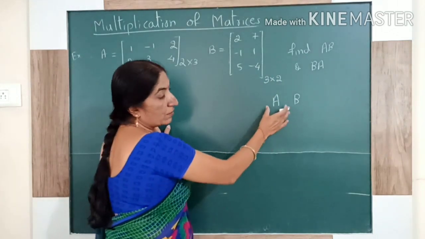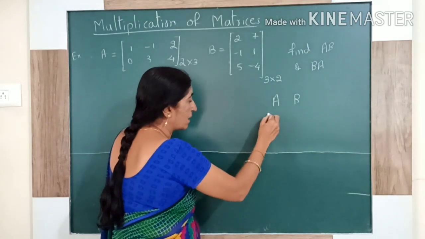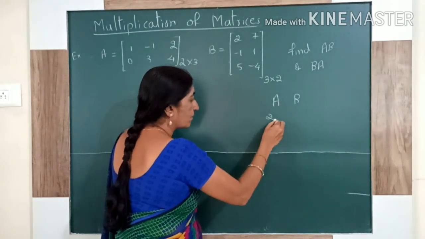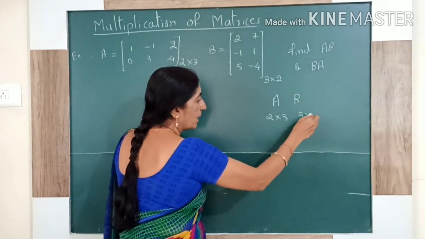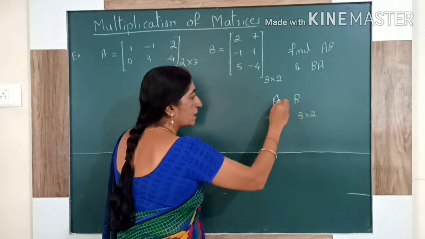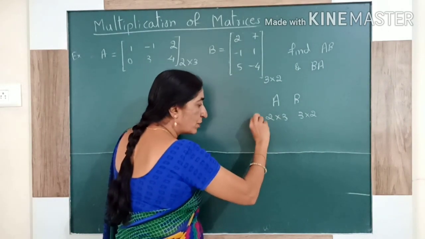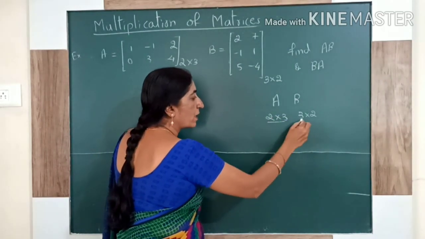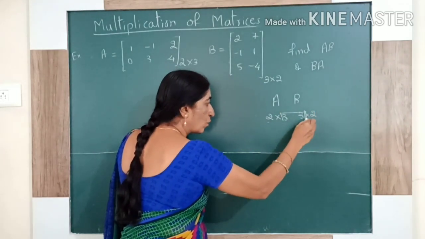So on the side, to explain to you, matrix A has the order 2 by 3 and matrix B has the order 3 by 2. When you write these two orders adjacent, side by side, observe that this last number and this first number will be equal.